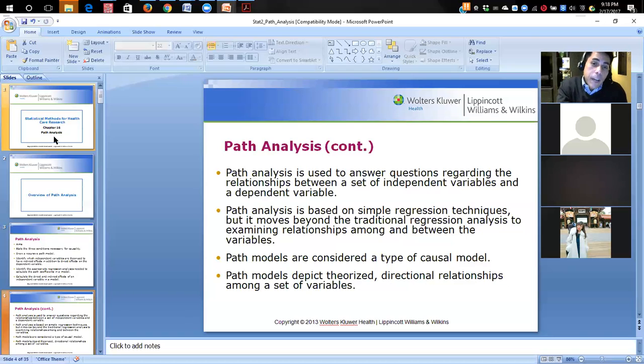Because if you don't have a priori, that cannot be called path analysis. That's already going to be exploratory factor analysis. So path analysis demands, requires, a prerequisite that you as the researcher must already draw the path before you even collect your data. So that is a requirement. It's what we call the a priori requirement in conducting path analysis.